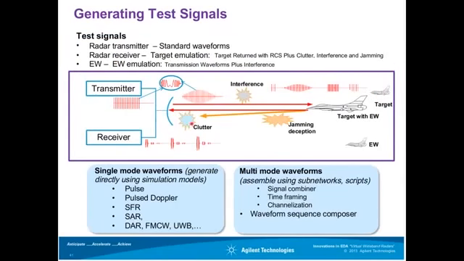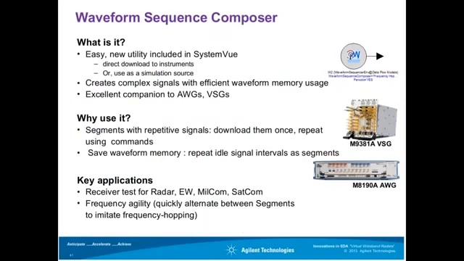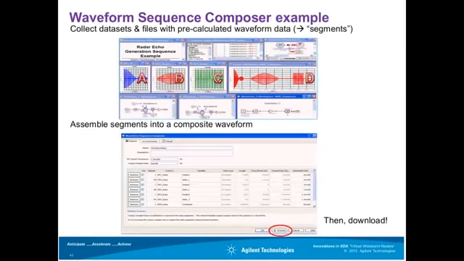Another thing is, for EW, you want to generate a complex waveform to test your EW. So how to do it? We have a waveform sequencer composer to do this type of complex EW signal generation. For example, you want three emitters in your signal, and you want to do interference testing.